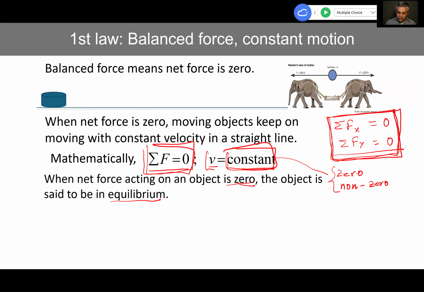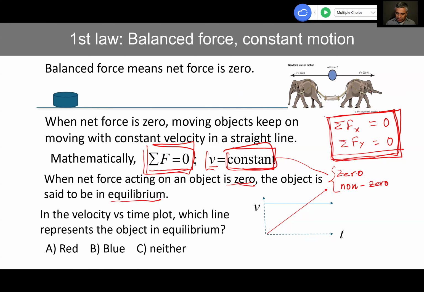So now I have a question for you. I have a velocity versus time graph. Oh, we shouldn't be putting these. I saw you guys put arrows in your graph when I was checking your work. I haven't finished grading that. You do not want to put arrows on the graph, but you want to always put arrows on the axis, okay?